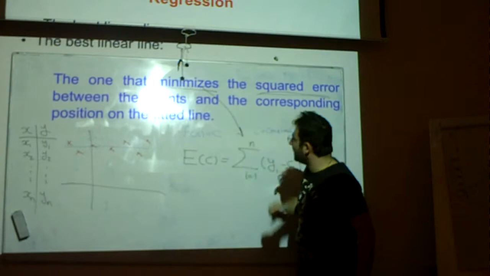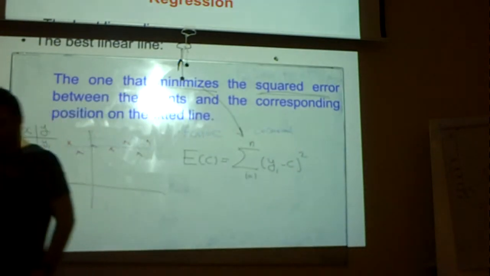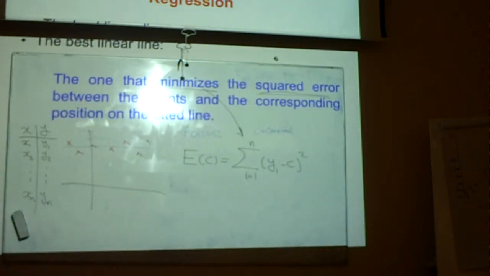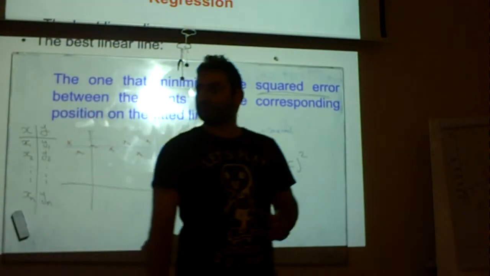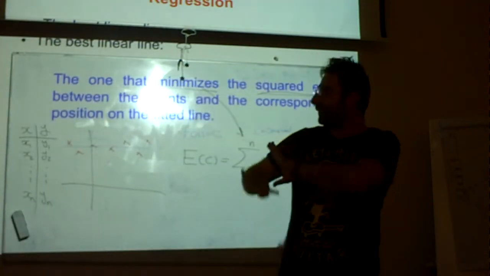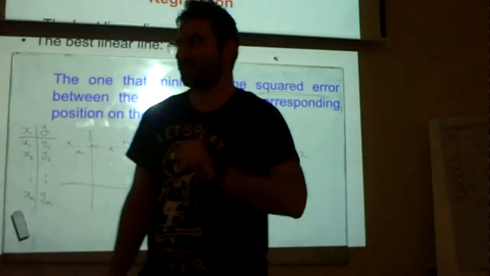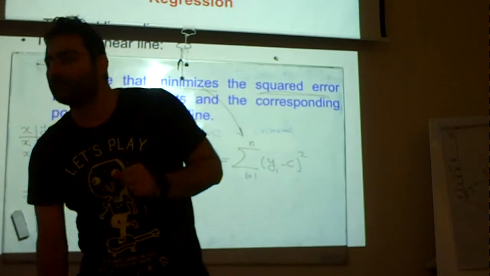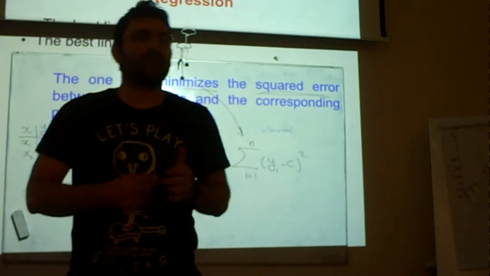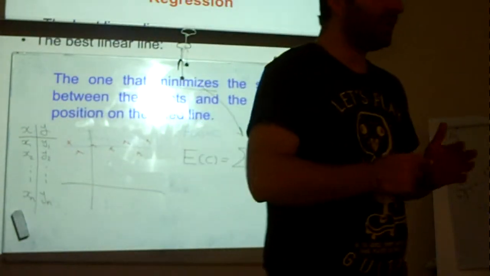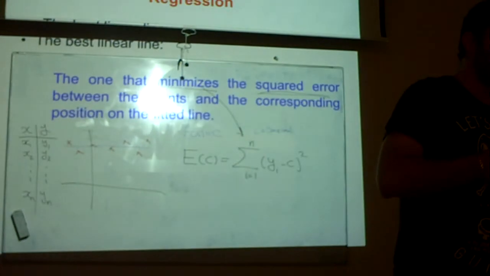We want to minimize this function. How can I minimize a function in general? Forget about this one. How do you find the minimum value of the function?